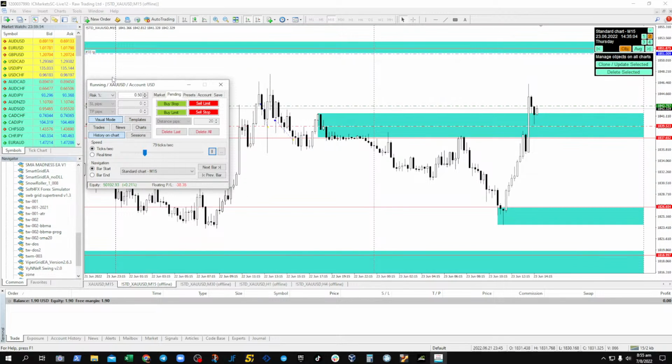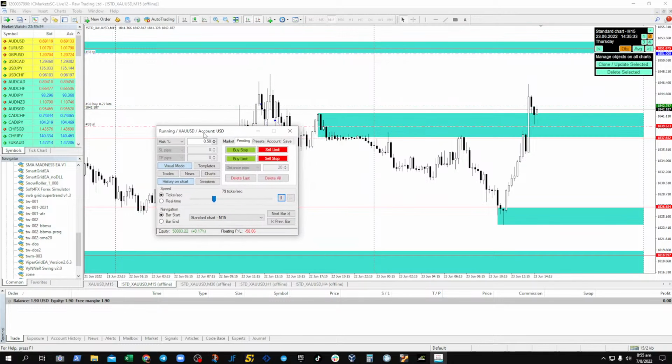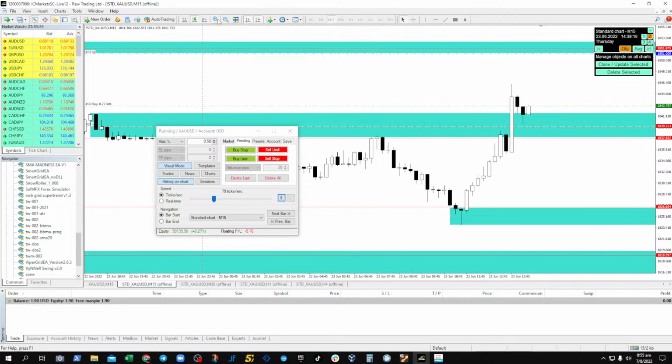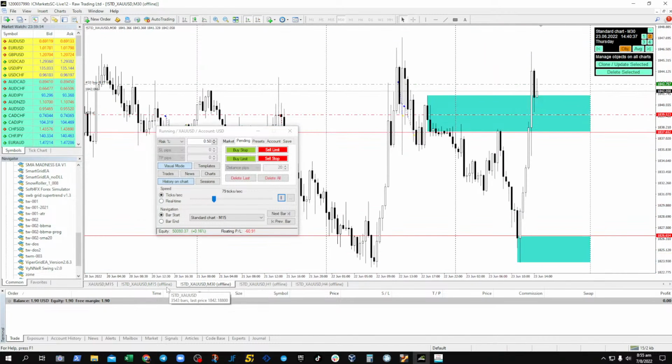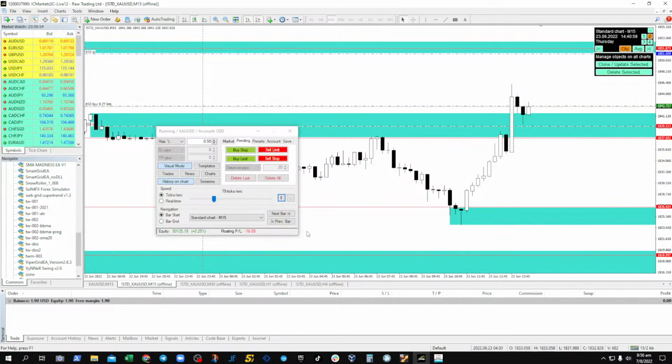Are we in the buy yet? Yes, we're in the buy. Oh my god. Don't flip bearish. If you flip bearish, it's gonna be dangerous. Yeah, it has a bottom wick. That's the problem. I don't know.